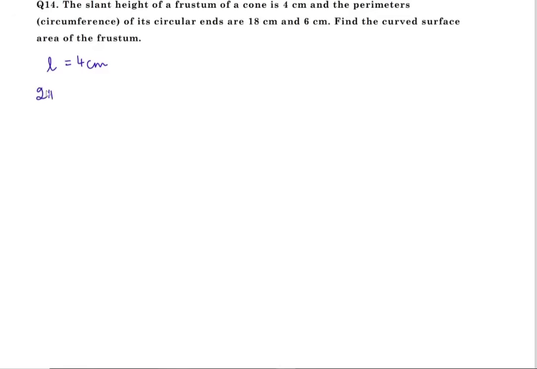Perimeter is 2 pi r. That is, for the top portion it is 2 pi r1, for the bottom portion it is 2 pi r2. The perimeter of the bottom portion is 18 centimeter and for the top portion it is 6 centimeter.